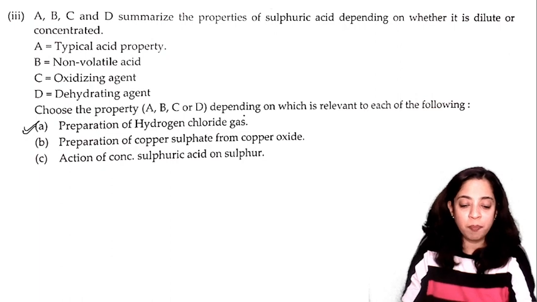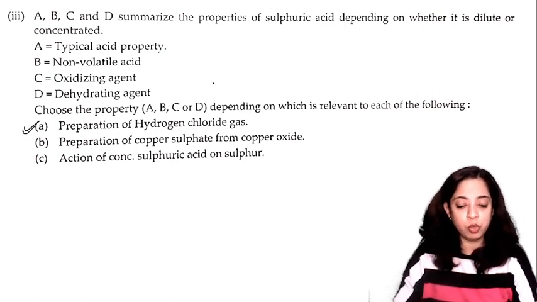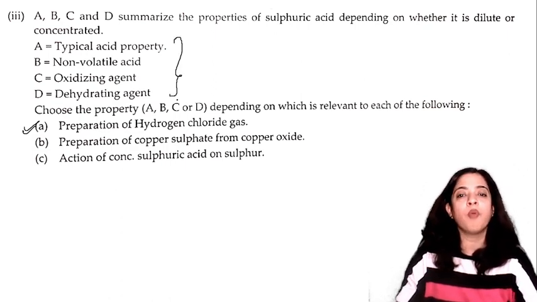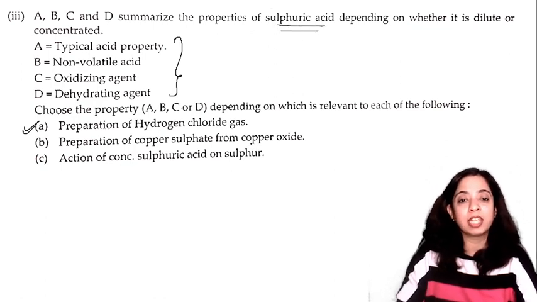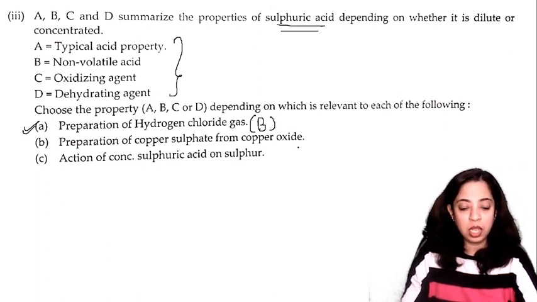So when you are preparing hydrogen chloride gas, out of these four, which property of sulfuric acid are you actually using? So B, non-volatile acid, right? Now, preparation of copper sulfate from copper oxide.